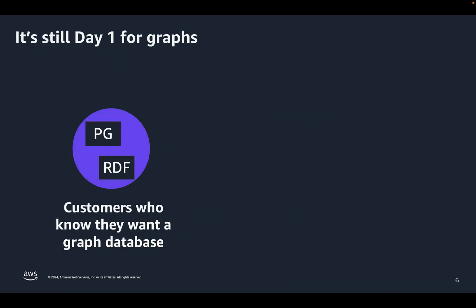Now, in a sense, it's still day one for graphs. Traditionally, customers have looked to use graph databases for online transactional processing capabilities, to represent their graph data in a form like property graph or resource description framework, RDF, and to do CRUD operations on that graph data as well as to do queries on that graph data.